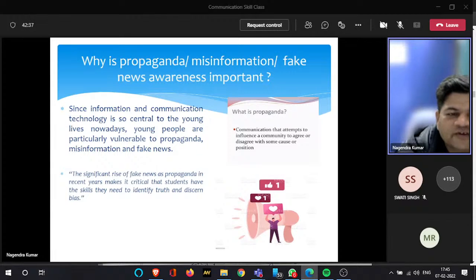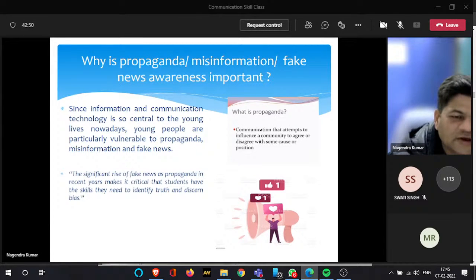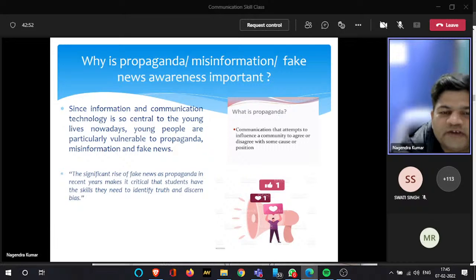So since information and communication technology is so central to young lives nowadays, why is it important? As I said, we have a sizable vulnerable population of teenagers who more than their textbooks rely on their mobile phones and media sites. As a result, what is happening?